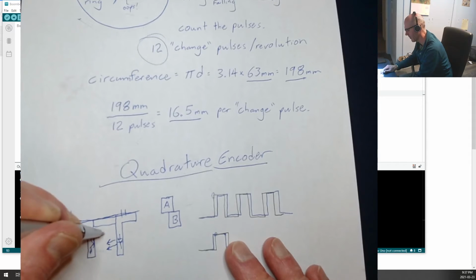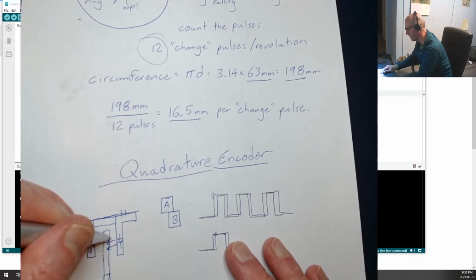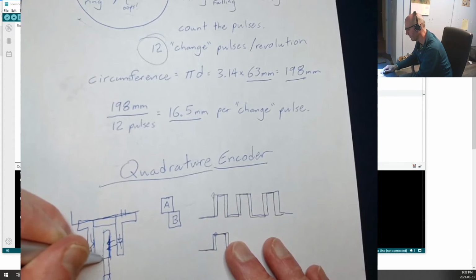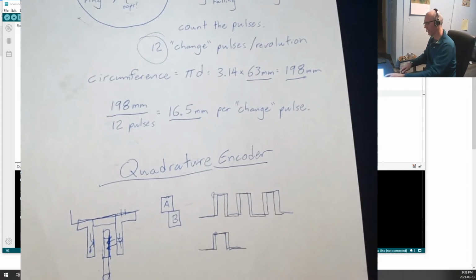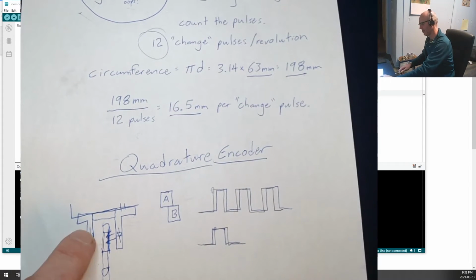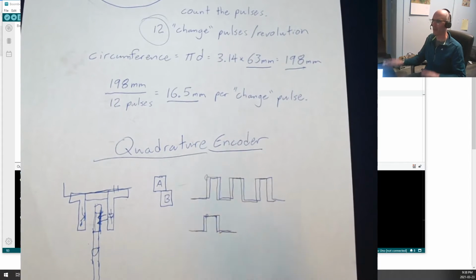So the light's coming right through there, and in the middle of that, you would have a disc with slots in it, and that disc would be spinning around. As that disc with slots in it passes through, you would get a nice little pattern like this. It makes it really easy to integrate two light sources and two sensors to create your quadrature encoder and have your disc spinning this way through it, instead of having a reflective object sensor.